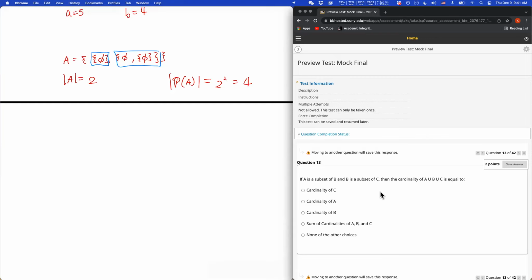Well, if you draw a Venn diagram, you have A, it's a subset of B, so you know A is inside B. And then B is a subset of C, so this is inside C. Now we will take the union of all of them. That means you have a set where as long as your element is in one of the sets, it will belong to the union. But everything's contained in C, so you know this will equal the cardinality of C.